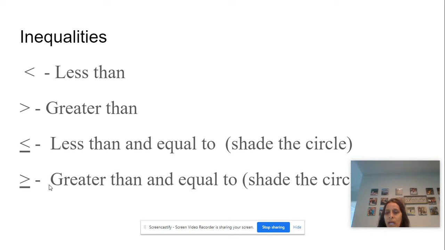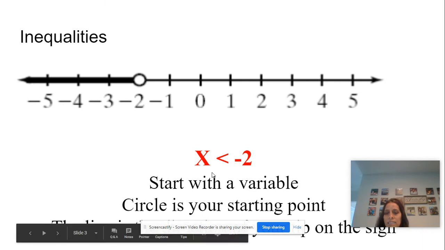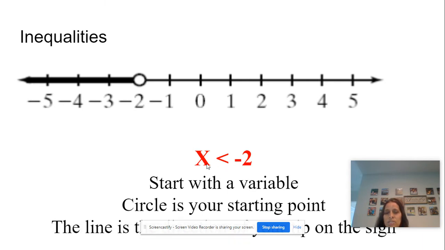Please remember that unlike an equation, an inequality has multiple solutions. When we look at this inequality, it's saying x is less than -2. So values for x that could make this statement true are -3, -4, -5, -6.